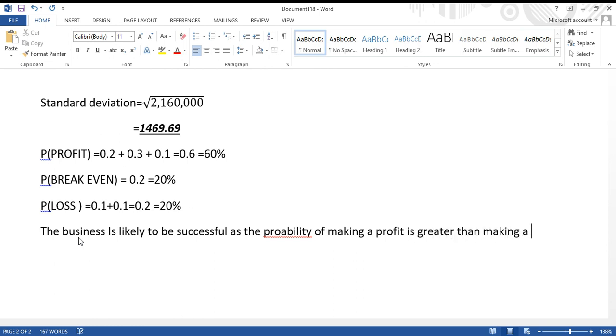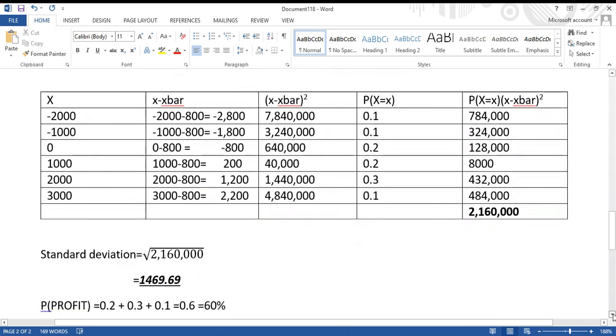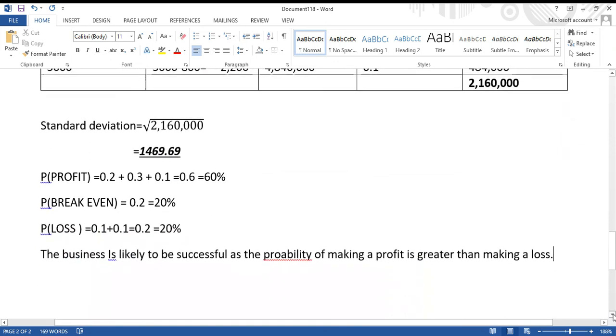The break even is on the zero. Yes, on the zero. And then that's how you answer your question.